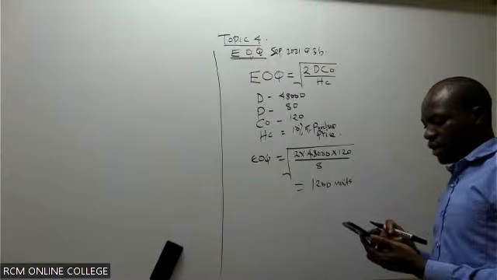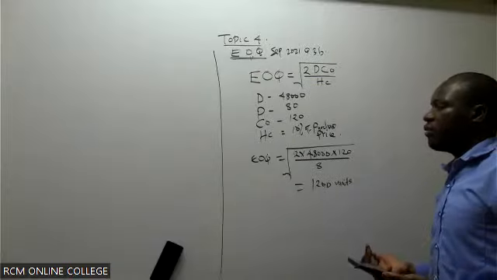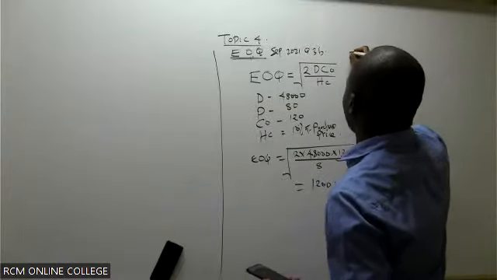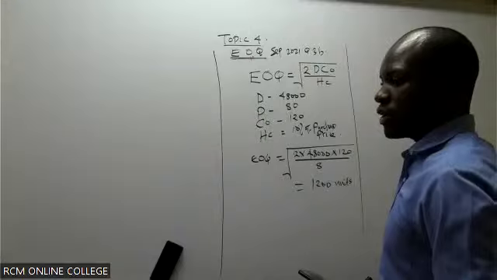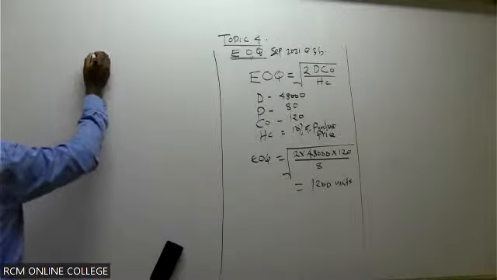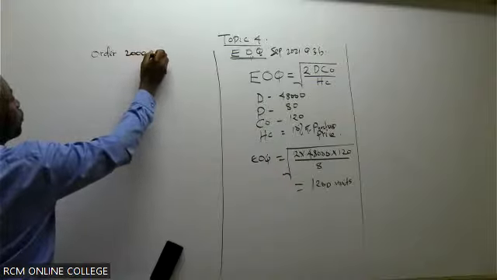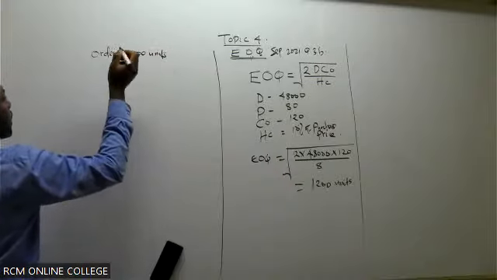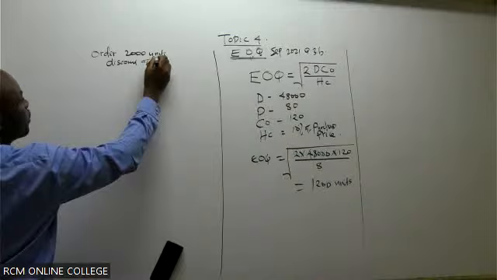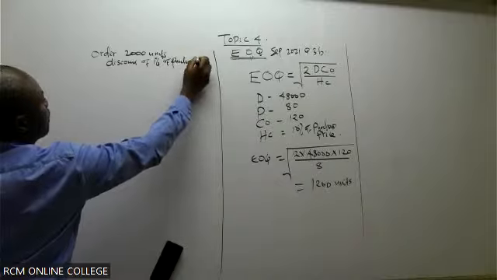Advise the management of the company on whether to accept or decline the offer. They have been given an offer to order how many units? The offer is to order 2,000 units and enjoy a discount of 1% of purchase price.